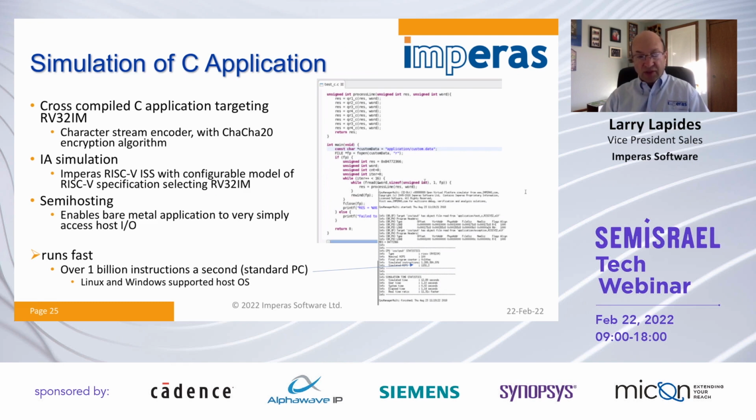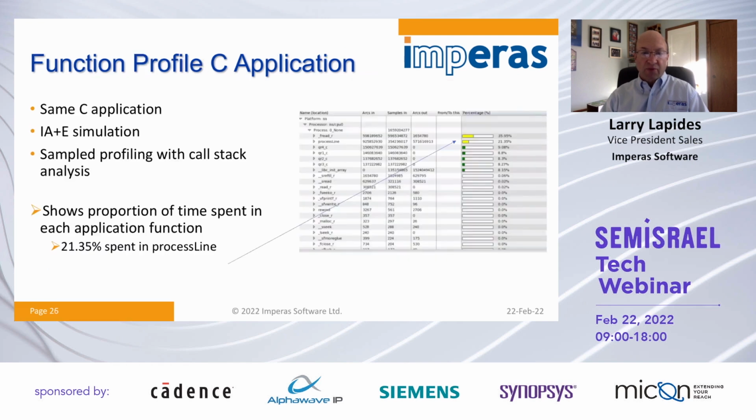However, even though it's instruction accurate and doesn't have detailed cycle information, there is a lot of information that you can extract. So for example, you can do function profiling of the C application. And here we see that the process line function in this application is 21% of the overall execution time.